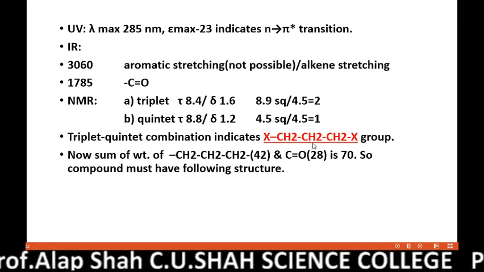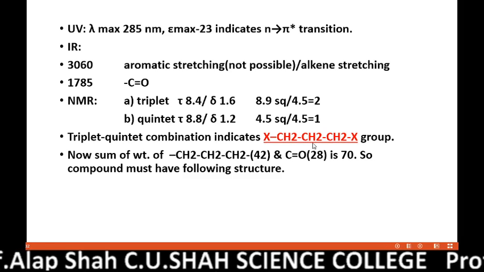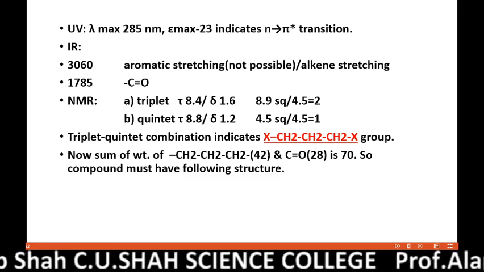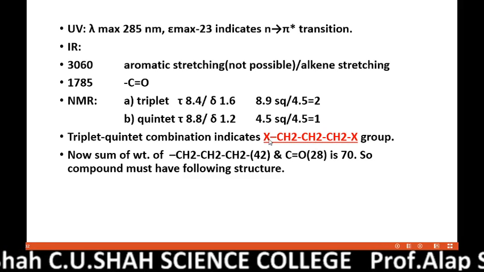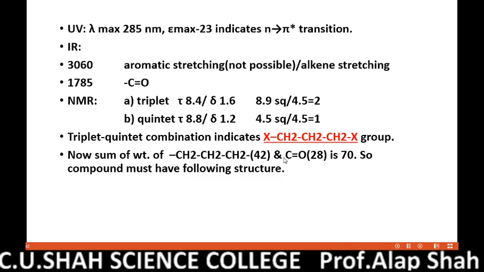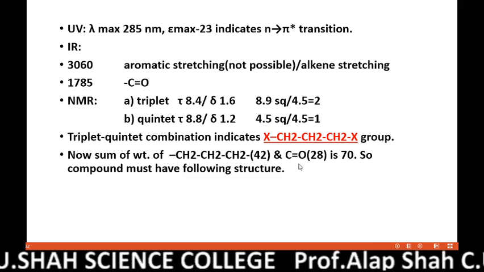So friends, to put these groups together is a really tricky issue, because if you think this way, then you cannot simply write carbonyl here, because in that case the valency of this carbon would not be satisfied.